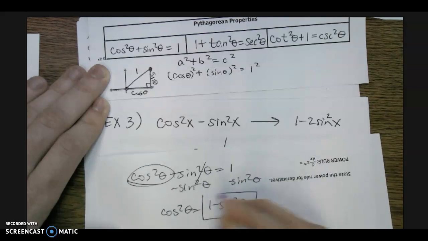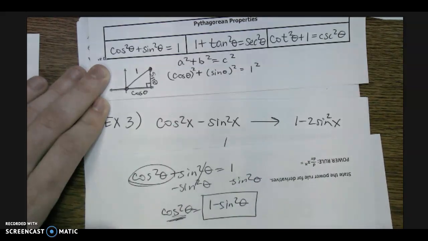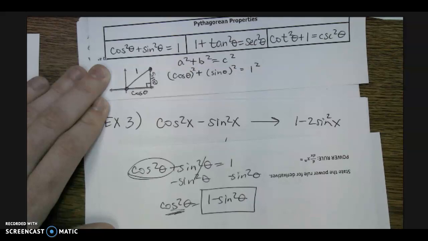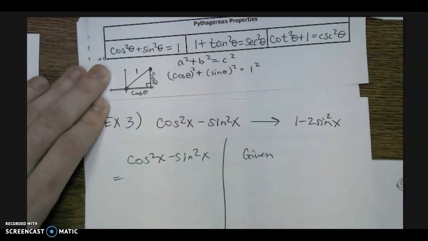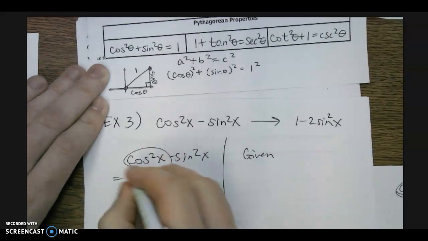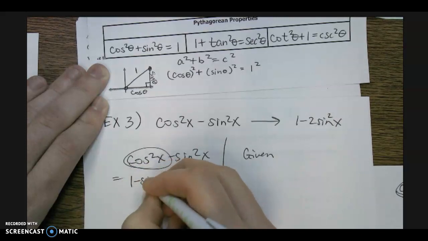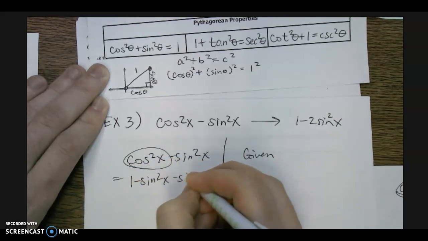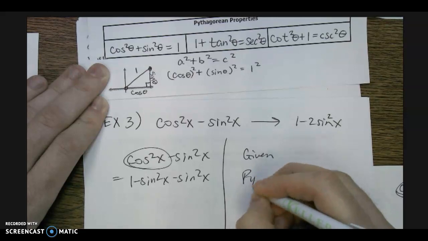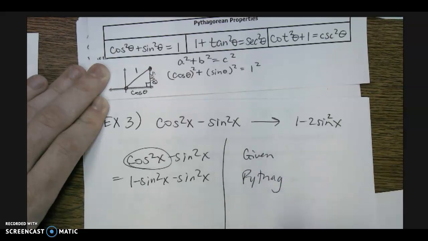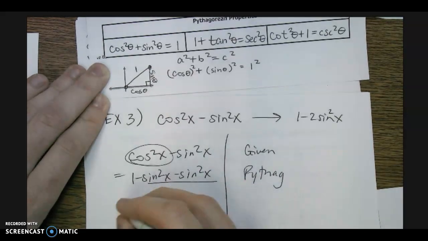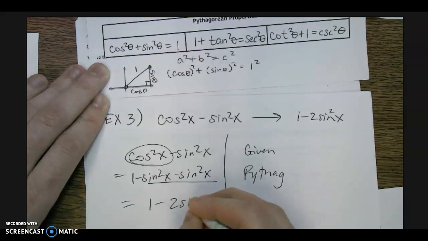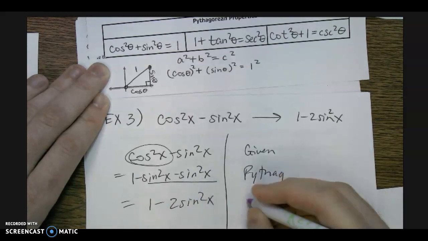And this I'm going to substitute in for my cosine squared in the proof. So if I go over here, I'm going to take cosine squared and change it into 1 minus sine squared. And that was a Pythagorean property. And now you put these together and you get your 1 minus 2 sine squared. And we just collected like terms.